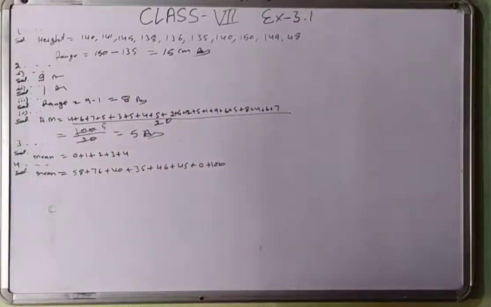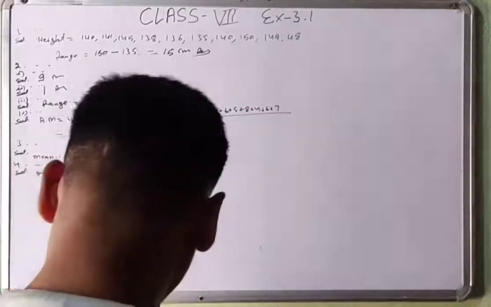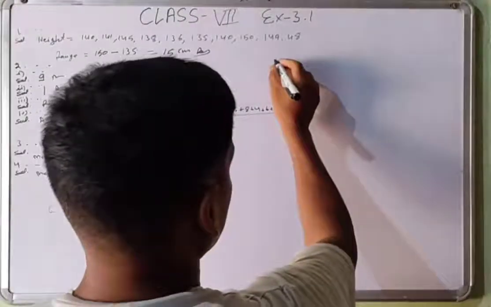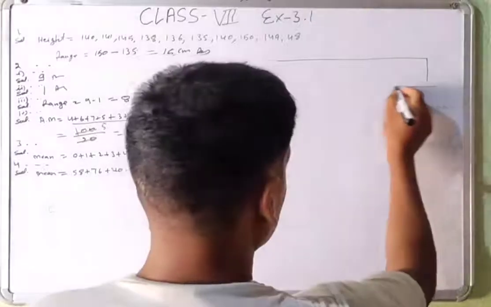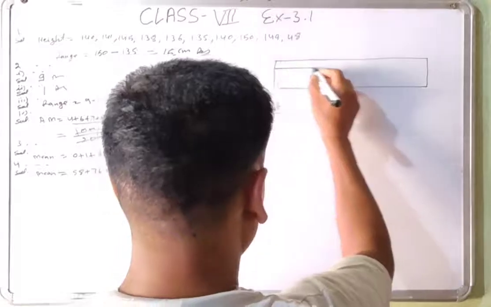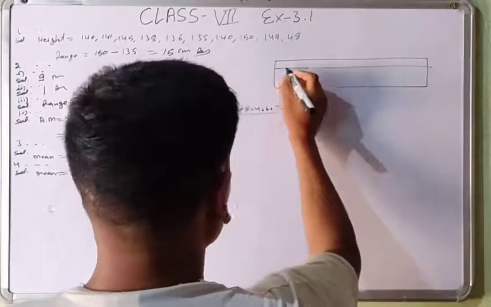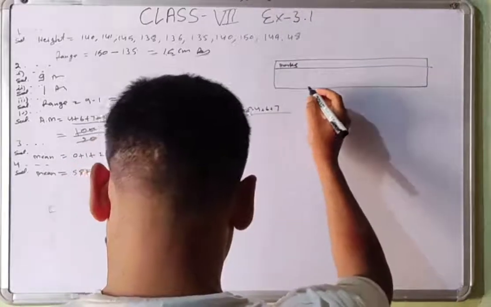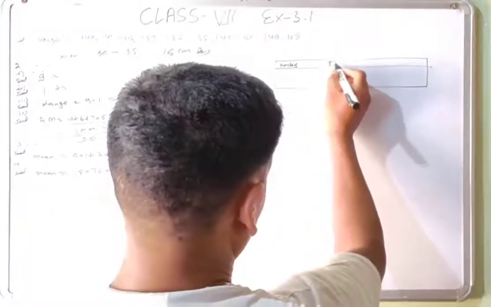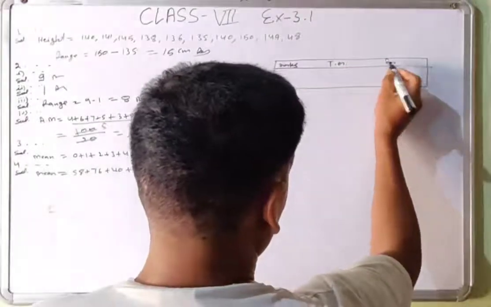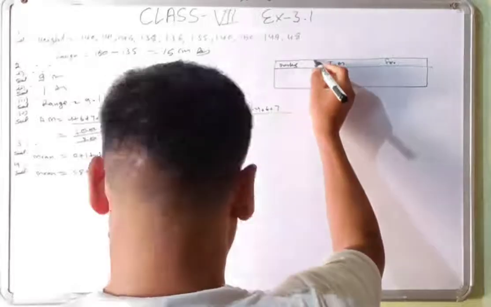Now we will make the table. Here you can see the table: marks, and then tally marks, and then frequency.